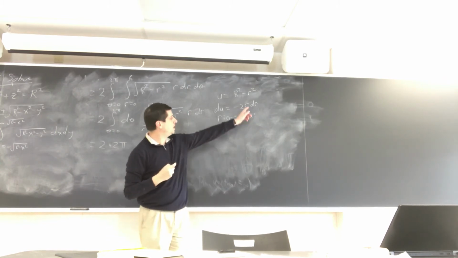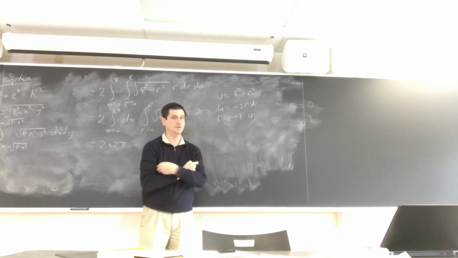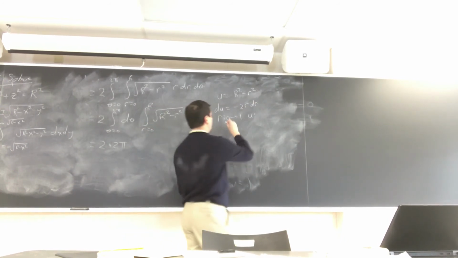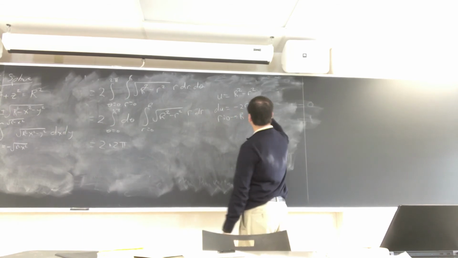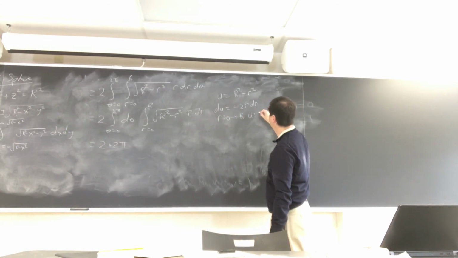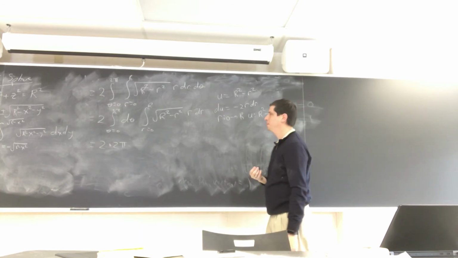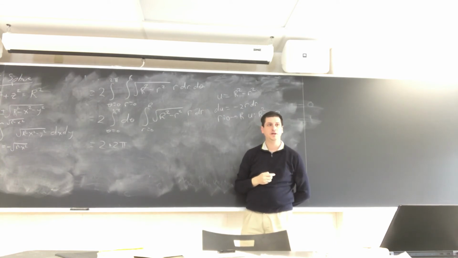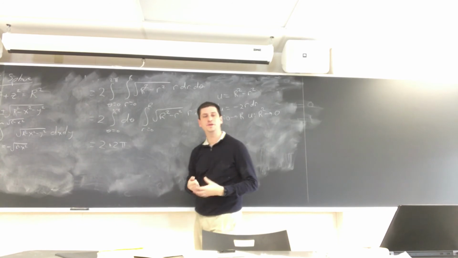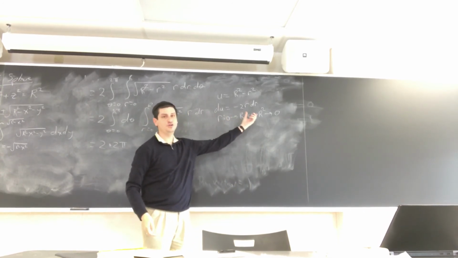When little r is 0, u is equal to big R squared, and when little r is big R, u is 0. So we have to be careful because of the minus sign. We want to make sure we don't forget these minus signs. We want to make sure we have the integration going correctly.